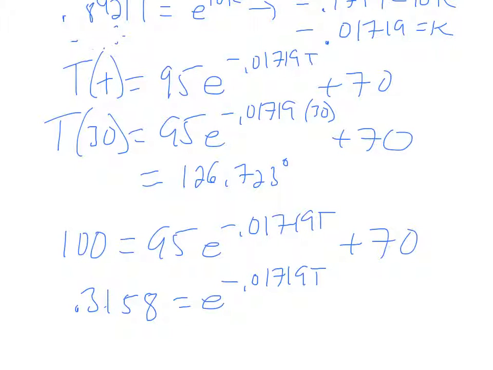So I'm going to take the natural log of both sides to get rid of the e, and then divide that answer by the negative 0.01719. If I did this arithmetic correctly on my calculator, I got 67.055 minutes, I think the time unit is.